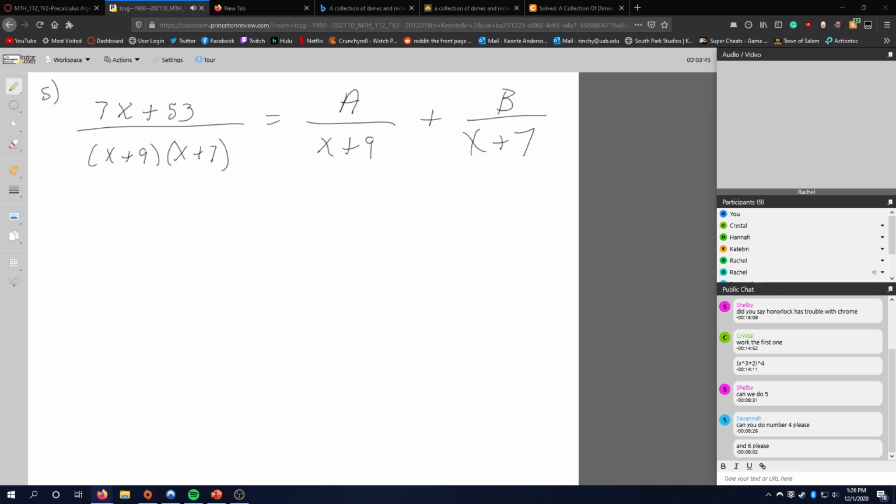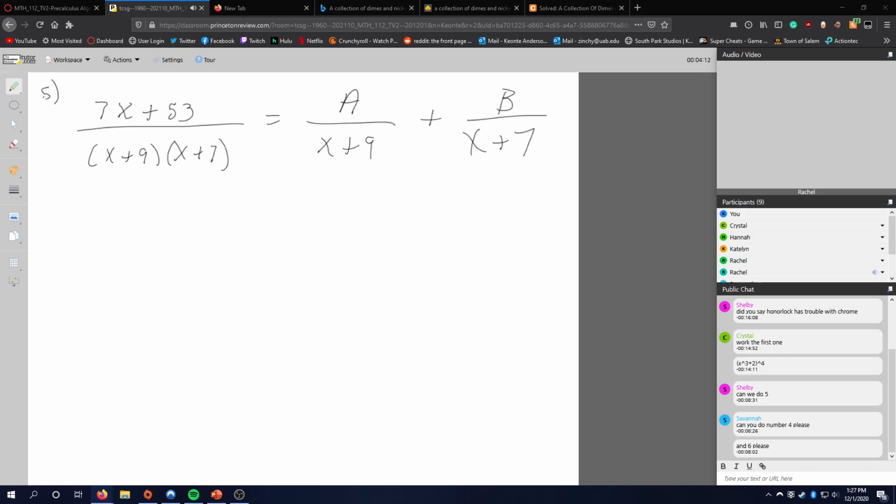So I'm going to multiply everything in the, oh, that's going to be a, never mind. It's not going to work. I have to use a.